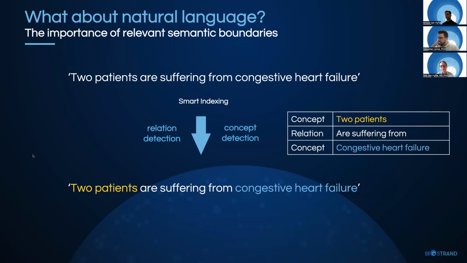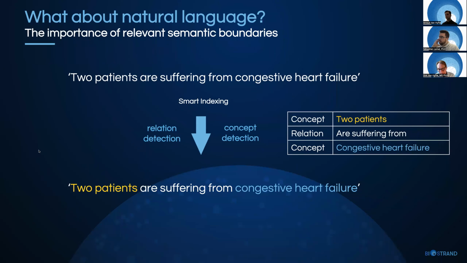Once you have detected this relational element, then everything that's left or right of that relational element refers to concepts. In this way, we understand that the sentence is about 2 patients that have congestive heart failure.